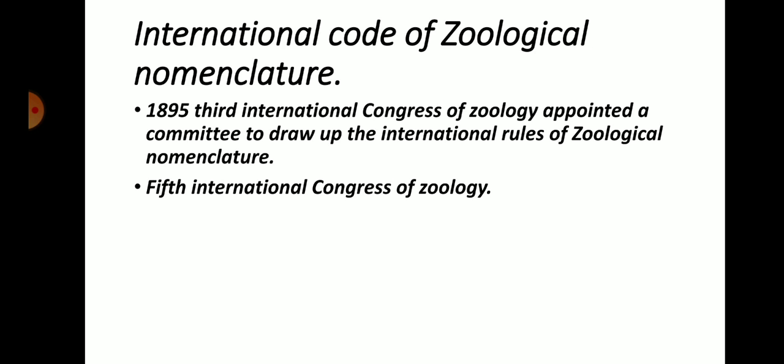These codes establish a permanent International Commission on Zoological Nomenclature that is vested with the power of interpreting, amending, or suspending provisions of the code. So this congress establishes the rules for the scientific nomenclature of organisms.